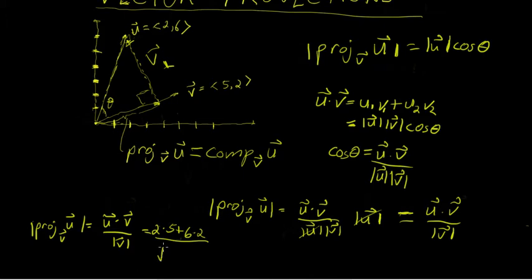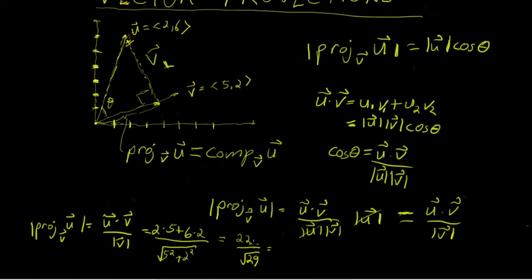That's going to be the square root of 5 squared plus 2 squared. Looks like it's the square root of 29. So we have 22 over the square root of 29.